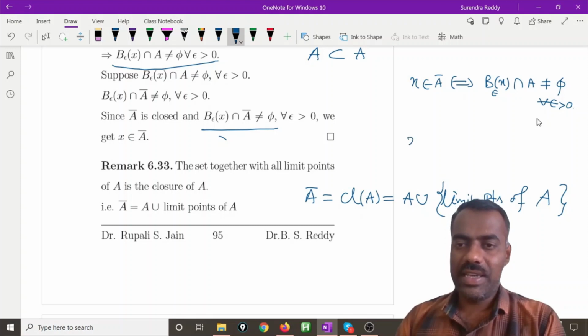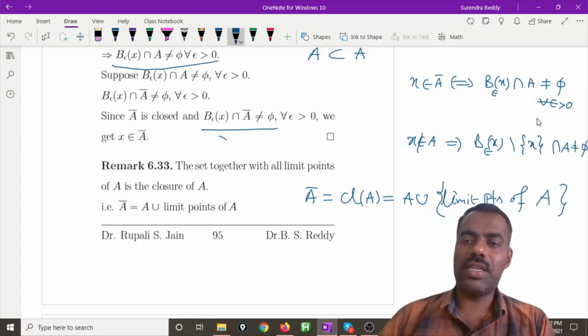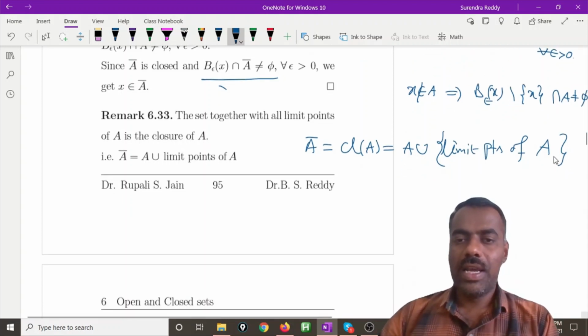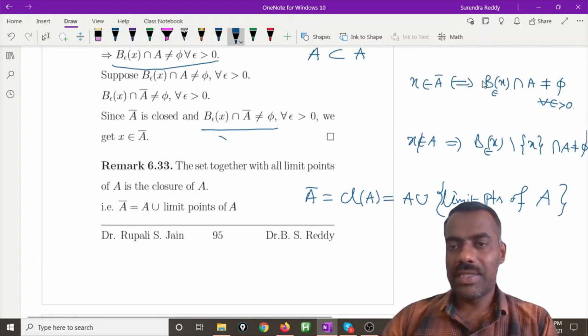If x is in A, then we are already done. If x is not in A, that means the ball around x minus x intersects A is non-empty. So that shows that x is a limit point of A, right? And conversely, if x is a limit point of A and it is not part of A, then you get the same.